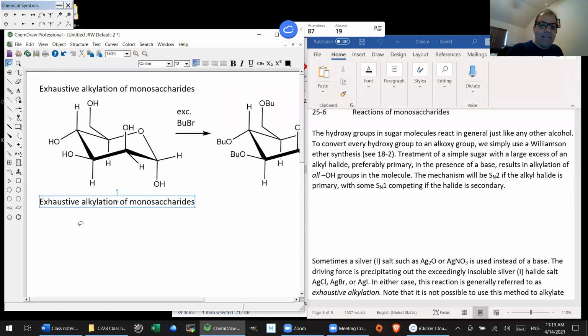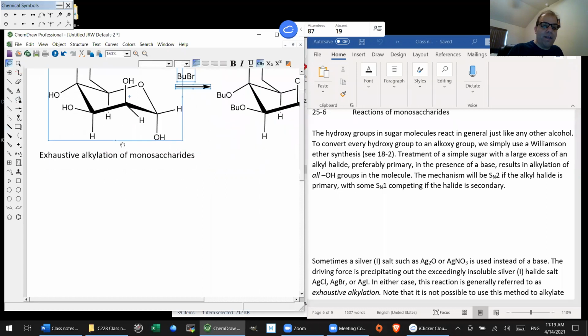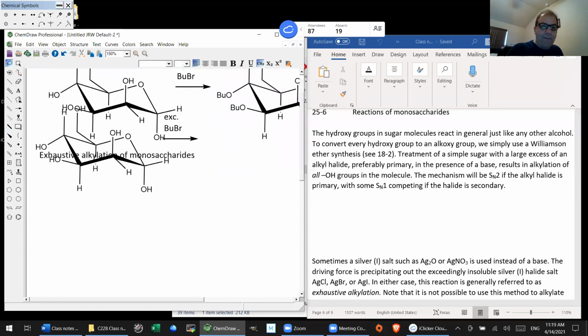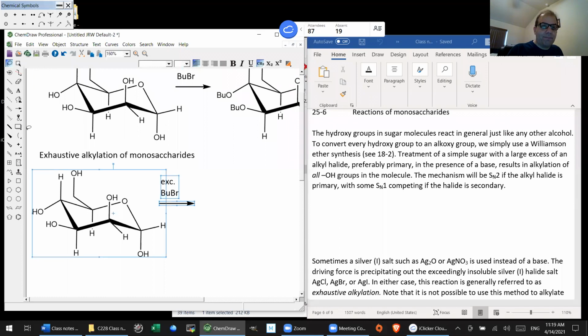excess of an alkyl halide, we can use an excess of an acid chloride. So for example, let's make this acylation.